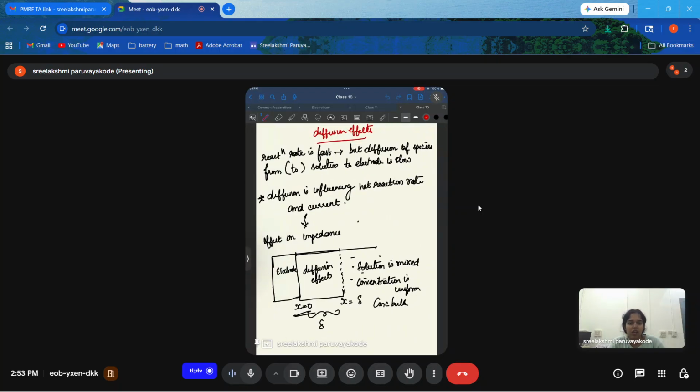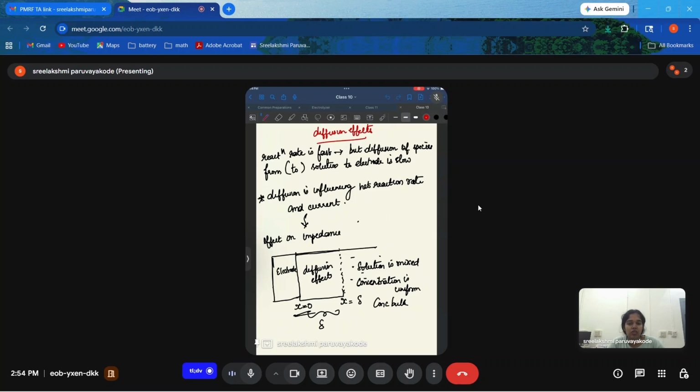Sometimes the rate of the reaction will be very fast, but at the same rate the molecules might not be available, and there will be a smaller number of molecules available at the interface. So there is a gradient in the available concentration across the electrolyte interface, and there the diffusion effect comes into play.